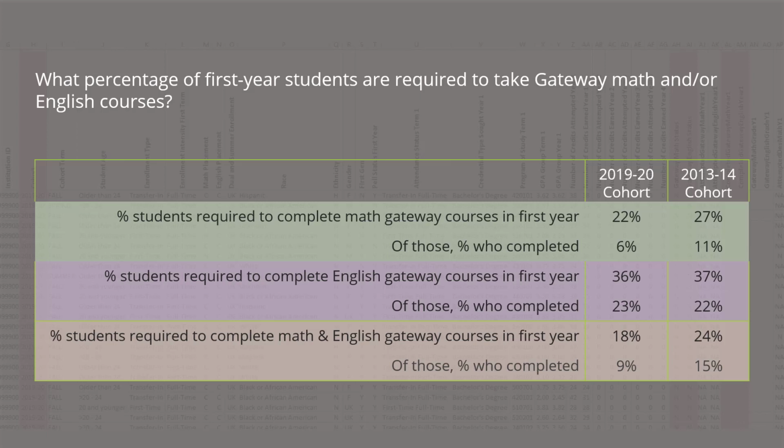Prakesh notes that the percentage of students needing Gateway Math courses upon entry has declined by 5% between the 2013-14 cohort and the 2019-20 cohort. He is sure that this will be good news for that team. However, the new efforts to advise more students into Gateway Math in their first year are not yet showing results.